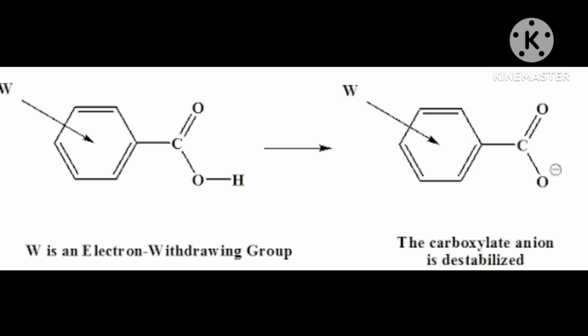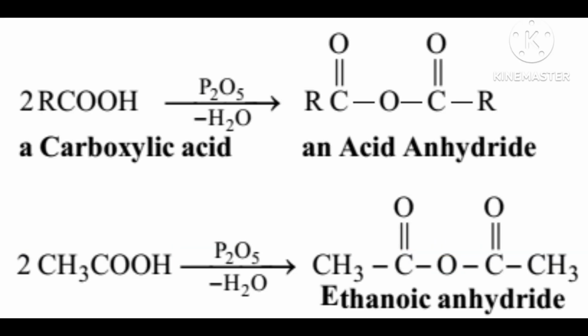Then the O minus in RO has joined with carbon. Now you can say this OR is attached to the carbon, correct? And obviously it will join only when H goes, ROH will not be there.